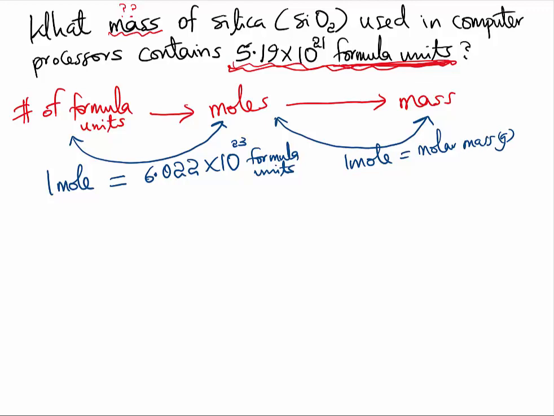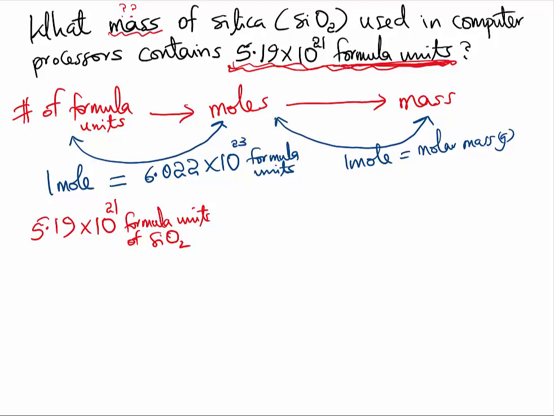So let us begin with 5.19 times 10 to the power of 21 formula units of SiO2.